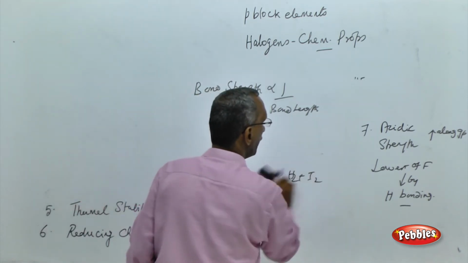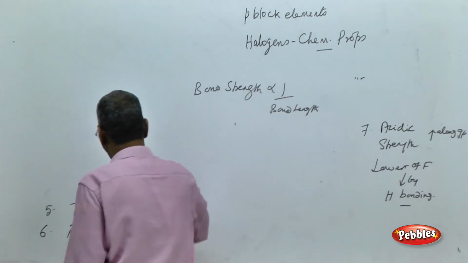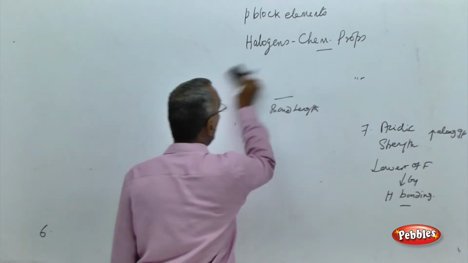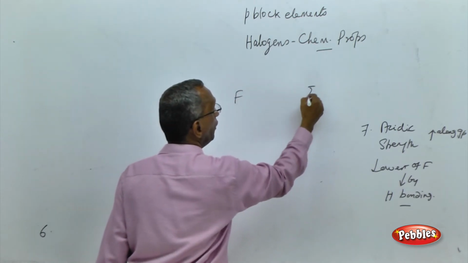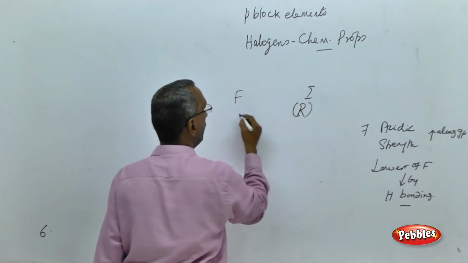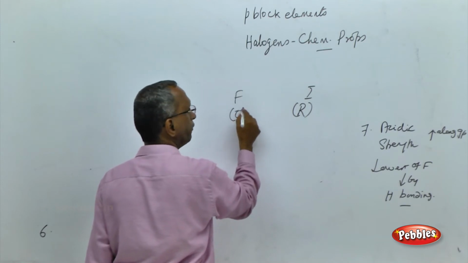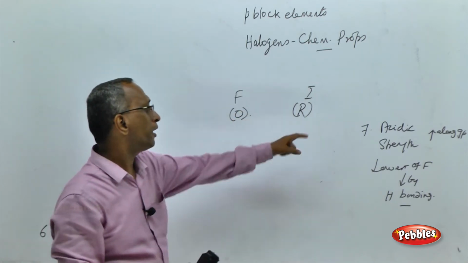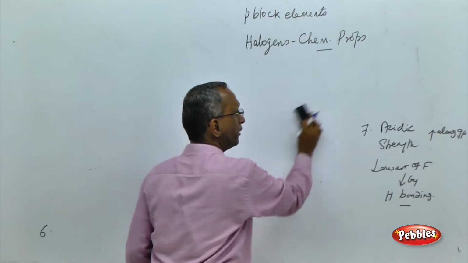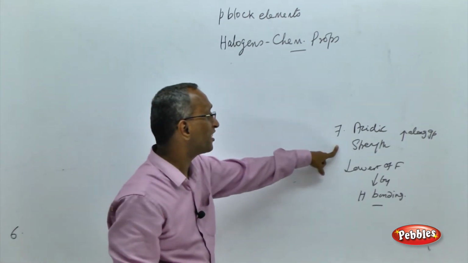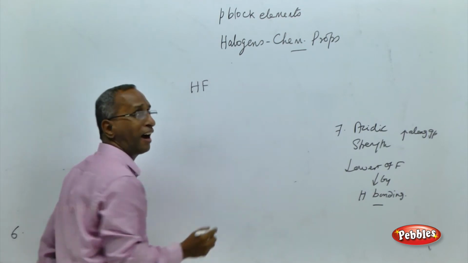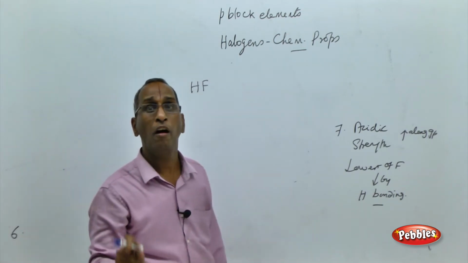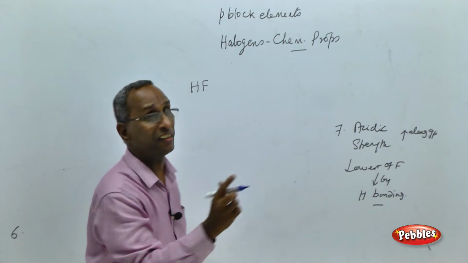This oxidizing and reducing property we have already seen. Oxidizing capacity is maximum for fluorine, whereas reducing capacity is maximum for iodine. Last important property of hydrogen halides is acidic strength. HF means either hydrogen fluoride or hydrofluoric acid.